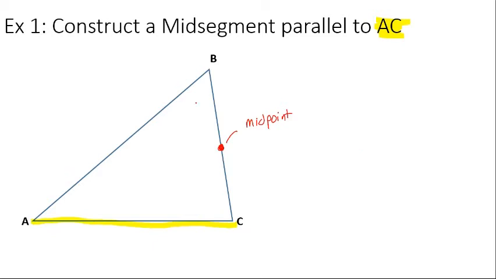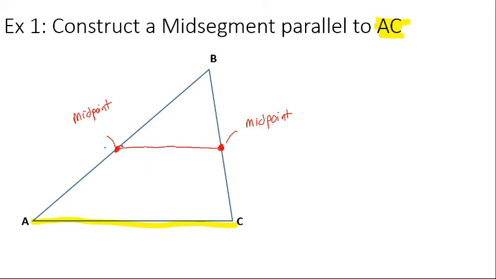And if you look at AB here, you sort of find the midpoint. And once you find the two midpoints, we just connect the 2 points, and that makes our mid-segment.